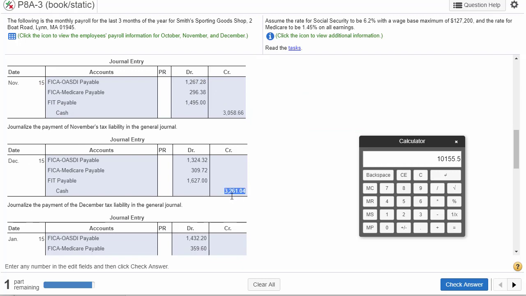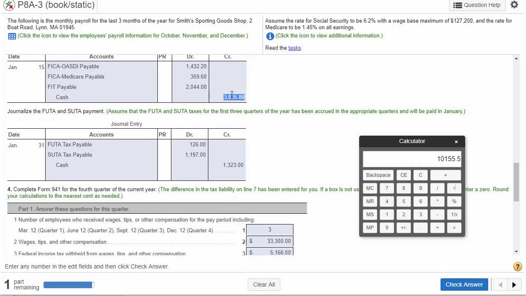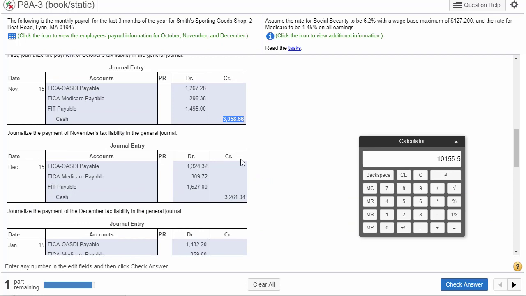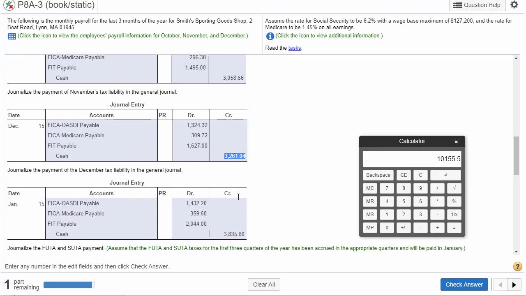Here's another payment, and here's a third payment of FICA FIT. Now, don't accidentally include this last one where we're paying cash. Here we're paying FUTA SUTA. So remember, Form 941 is only about FICA FIT. So to get that line 13, we need to add up these three numbers.